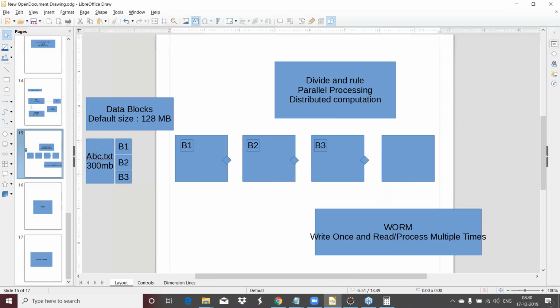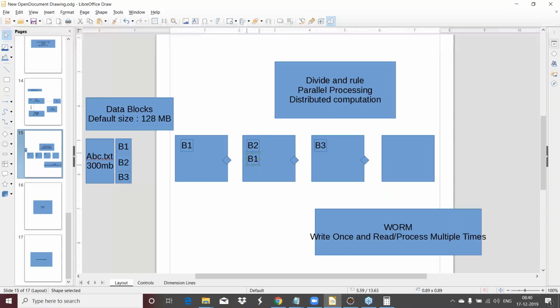while I'm dividing this file into multiple blocks, when I'm putting this B1 onto this machine, I'm going to create multiple copies of B1, and I will keep them on multiple machines.